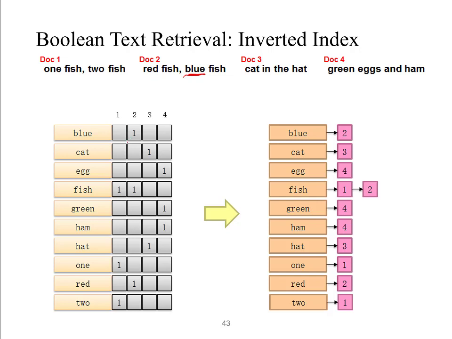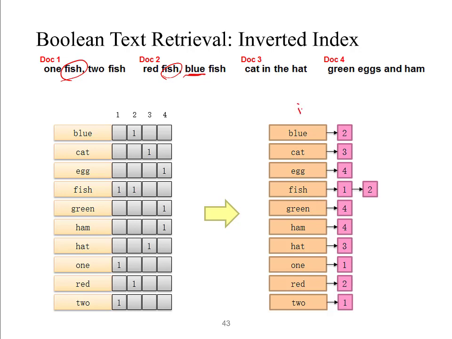If we use a matrix to record whether blue appears in document 1 or not, and in 2, 3, and 4, and so on, we find that blue only appears in 2. And for example fish, it appears in documents 1 and 2, so the cell is filled by 1. So this is not an inverted index.